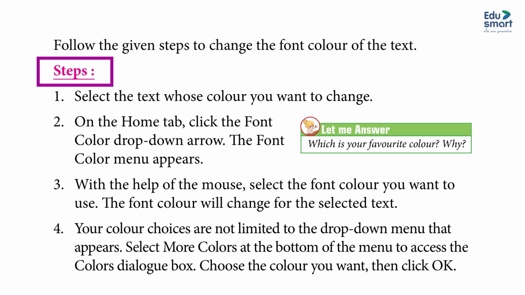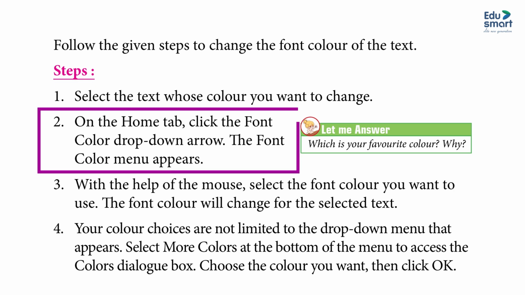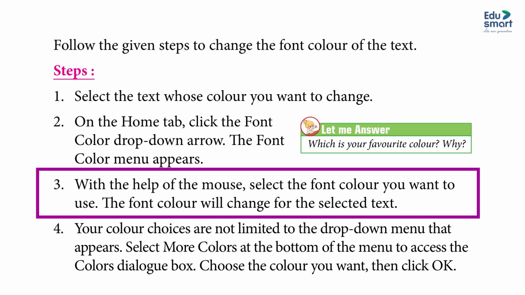Step 1. Select the text whose color you want to change. 2. On the Home tab, click the font color drop-down arrow. The font color menu appears. 3. With the help of the mouse, select the font color you want to use. The font color will change for the selected text. 4.